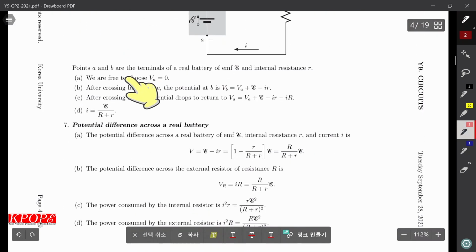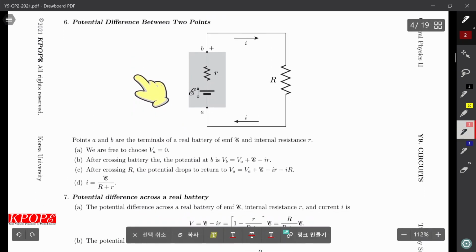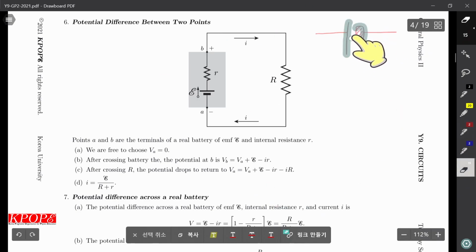Next, we consider the potential difference between 2 points. First, minus plus.